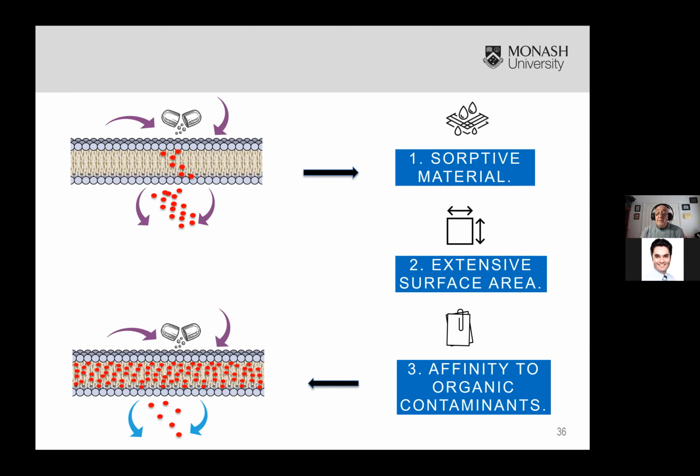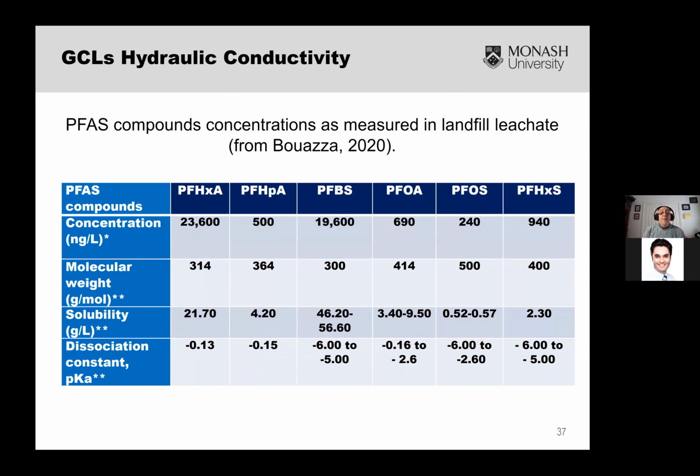So this has been developed in the country actually, and has been challenged by performing hydraulic conductivity tests with landfill leachate as permeant. And this landfill leachate contains PFAS. So this table here shows the concentration range that we have in this landfill leachate.